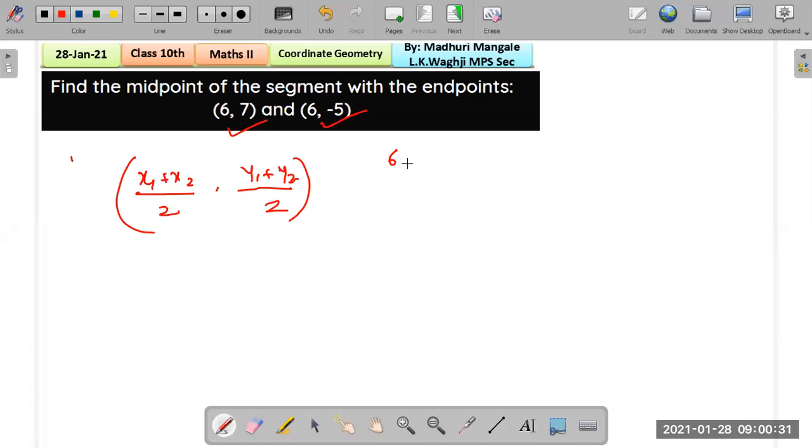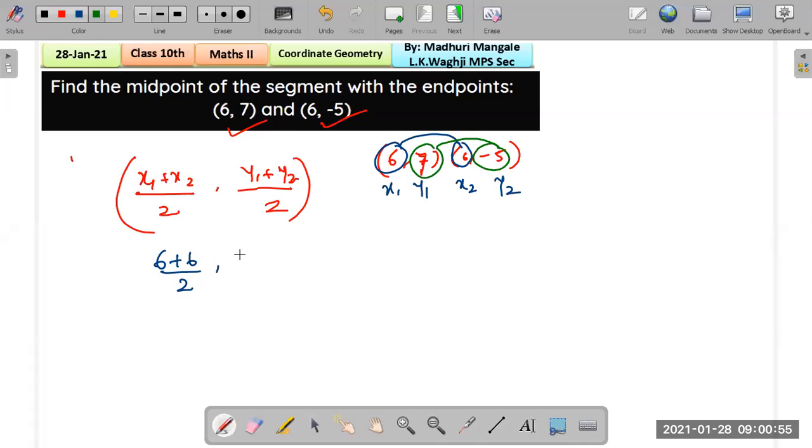When we are given the points (6, 7) and (6, minus 5), the first point gives you x1 y1, the second point gives you x2 y2. Combining the x terms together, that will be 6 plus 6 divided by 2, and combining the y coordinates, that will be 7 minus 5 divided by 2.